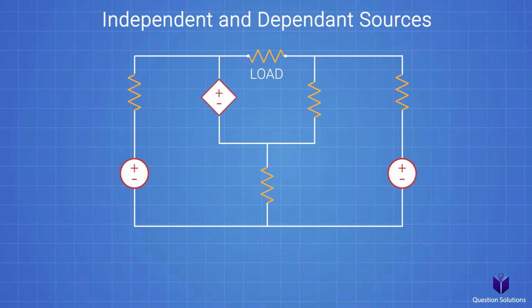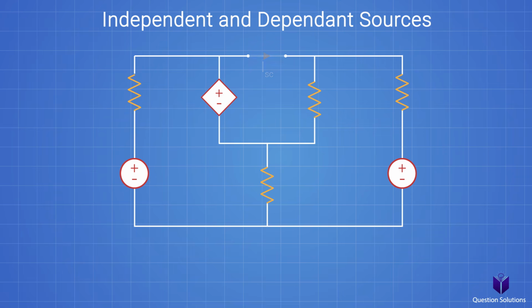In the second case, we have both dependent and independent sources. In this case, the method to solve a problem is the exact same as Thevenin's theorem, but you will draw a Norton equivalent circuit instead. So we remove the load and we create a short circuit and calculate the short circuit current. Now here, to find the Norton resistance, we can't remove the sources since we have dependent ones.